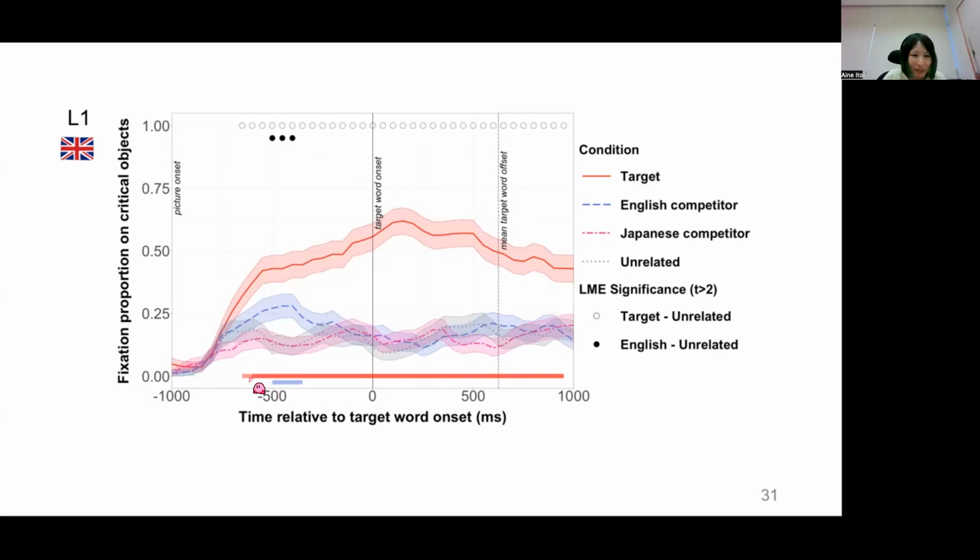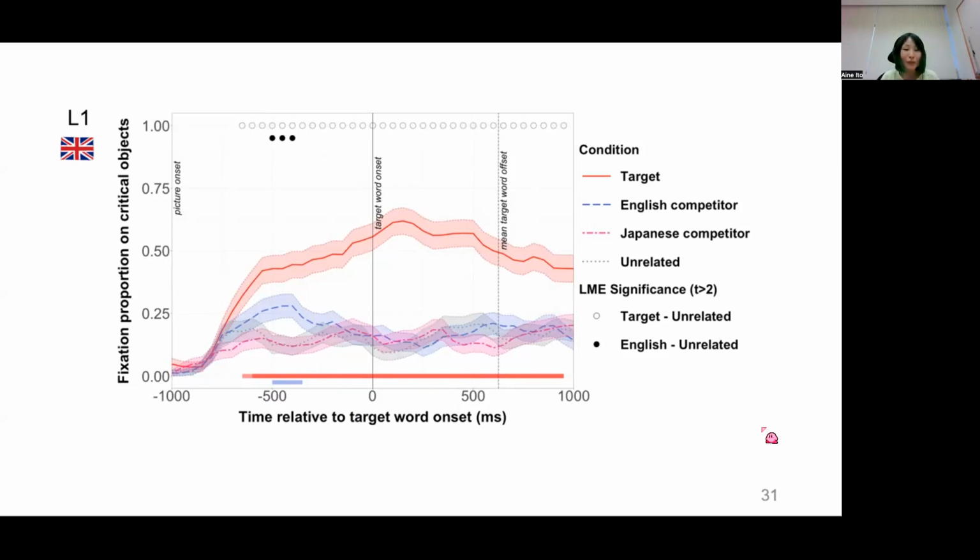You see one line is a bit thick and one is a bit light, and that's because I ran a by-subject analysis and a by-item analysis. If both analyses show the significant effect, the line is in a darker shade. If it was found only in the by-item or by-subject analysis, it's a bit lighter.